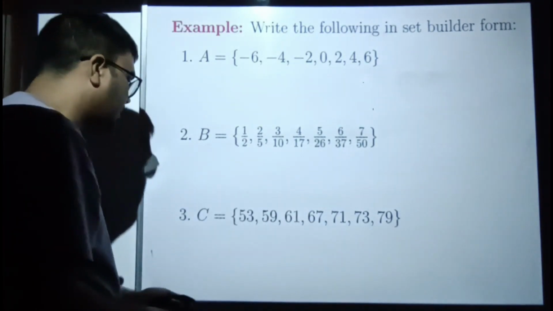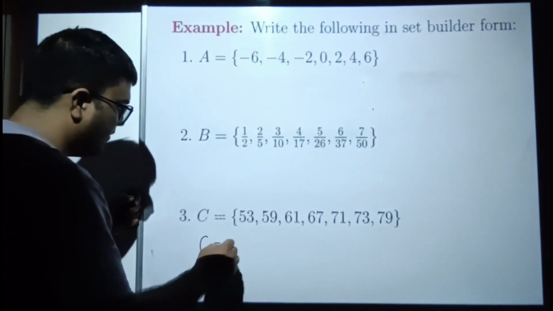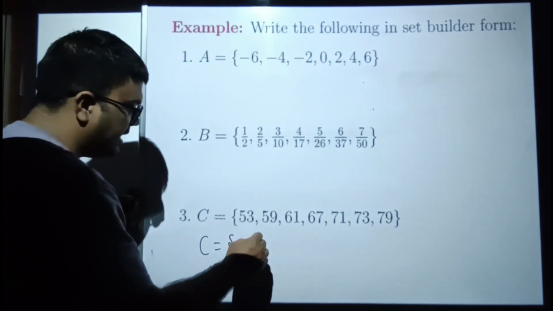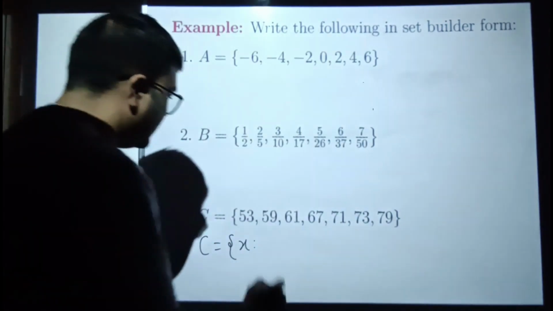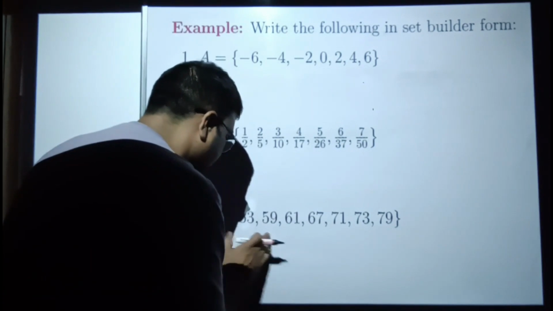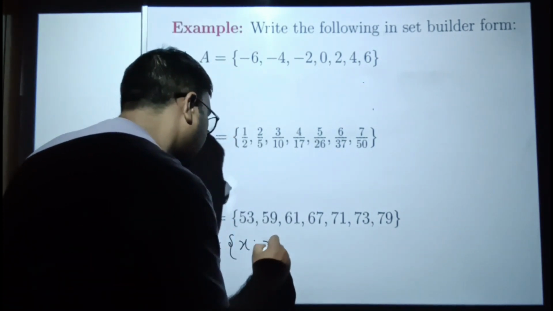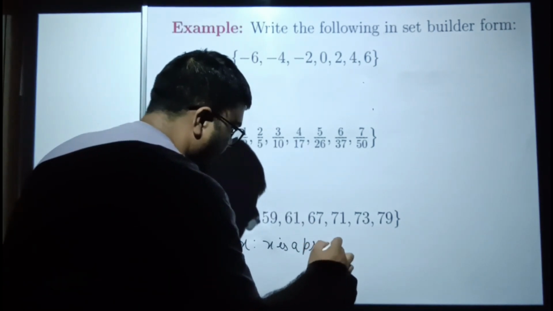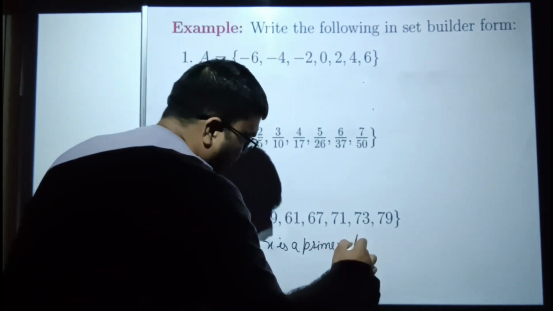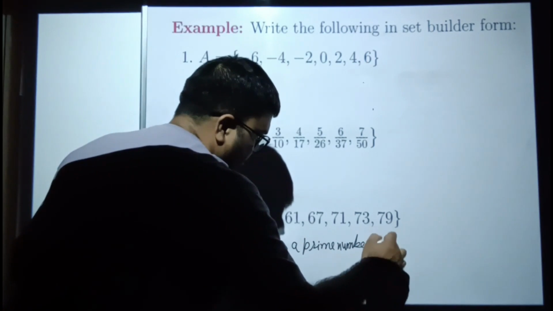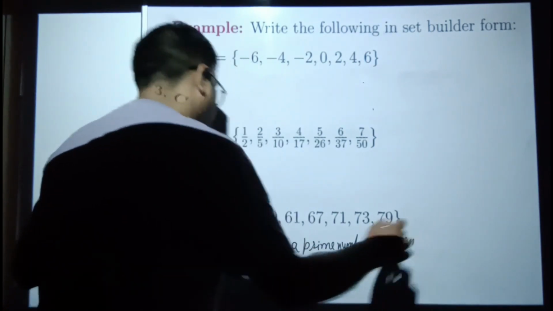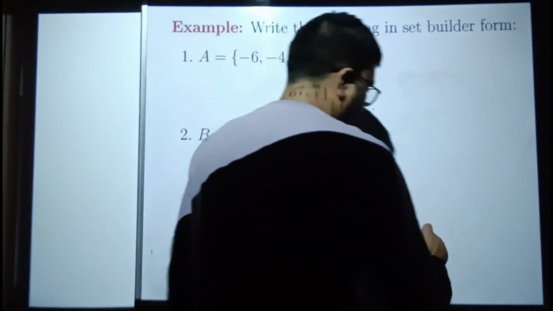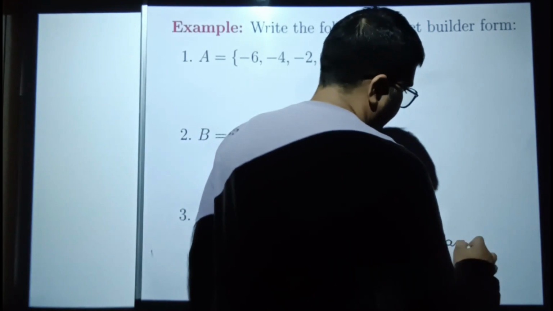So how are we going to write the set C? We are saying it consists of all the elements x such that x is a prime number between 52 and 50.